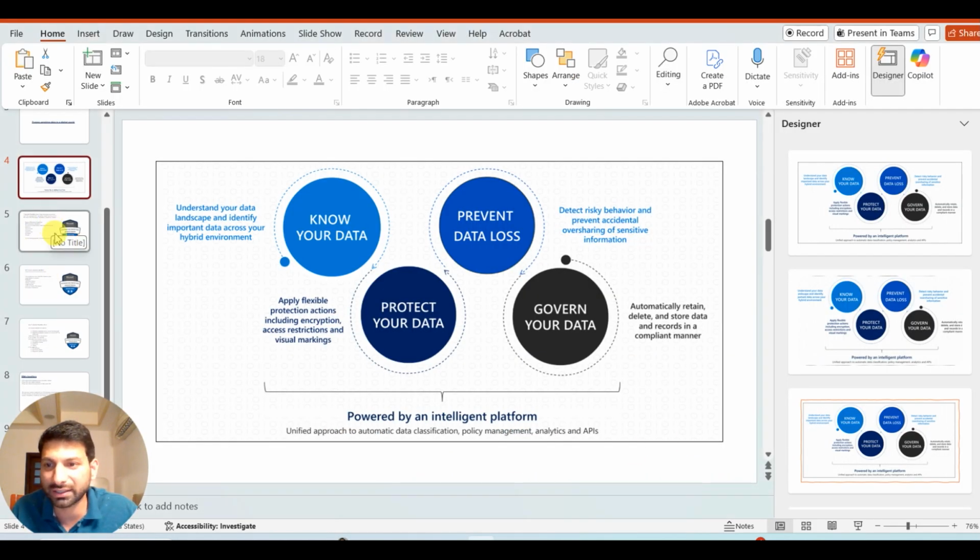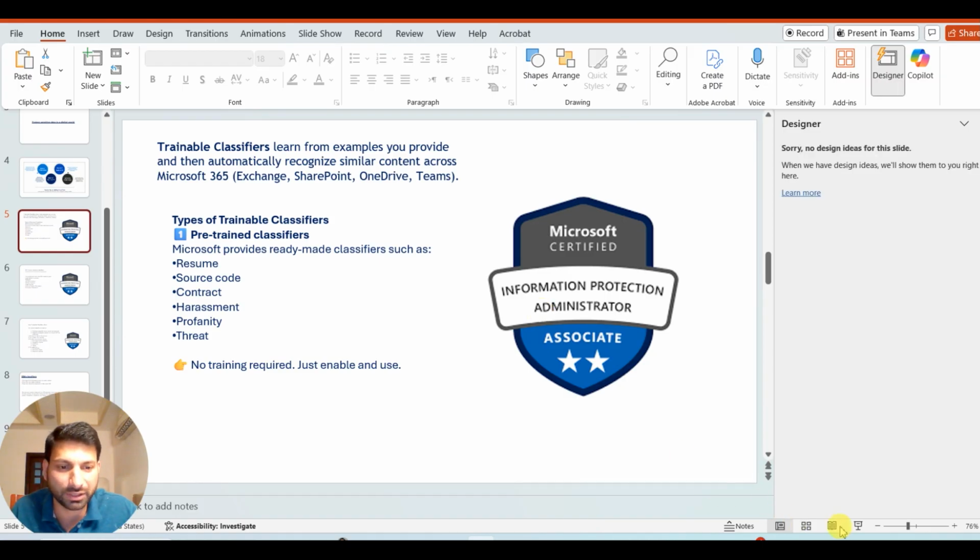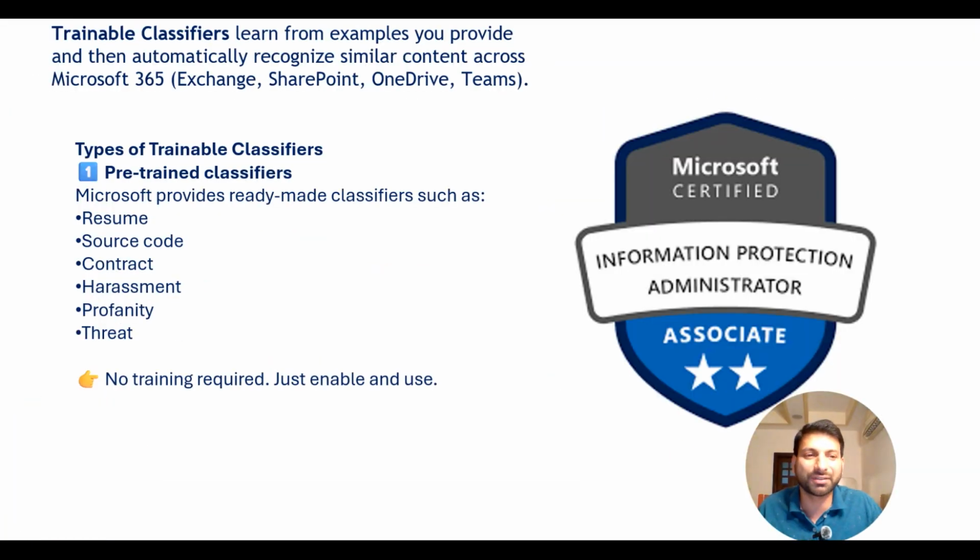Let's try to understand them with the help of this PPT. Trainable classifiers learn from the examples you provide and then automatically recognize similar content across Microsoft 365, in Exchange, SharePoint, OneDrive, Teams.